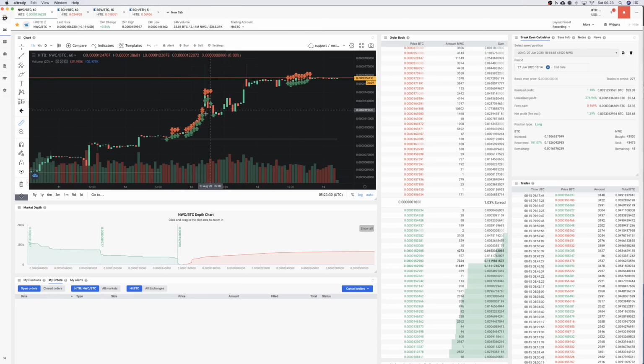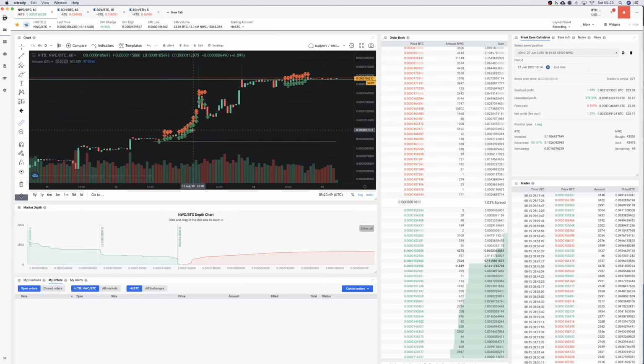If I just installed the software and did all these trades in the past without having AltReady installed, the only fact that I refresh will automatically update my arrows on the chart, which is very easy for me afterwards to follow my trades.